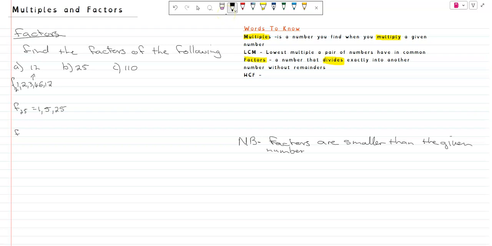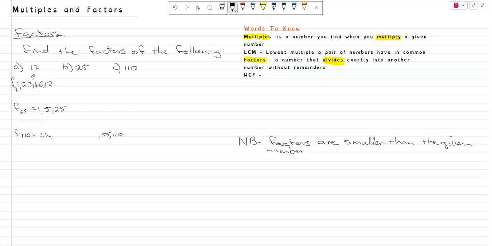Let's look at factors of 110. We know 1 times 110 gives us 110. We know 2 is a factor because this is an even number. So 2 times 55 gives us 110.